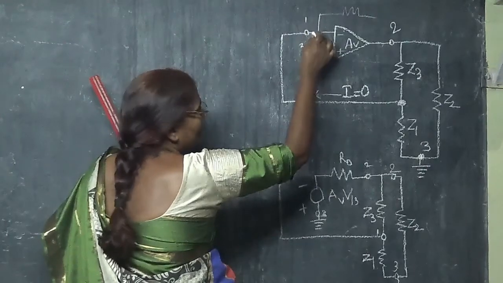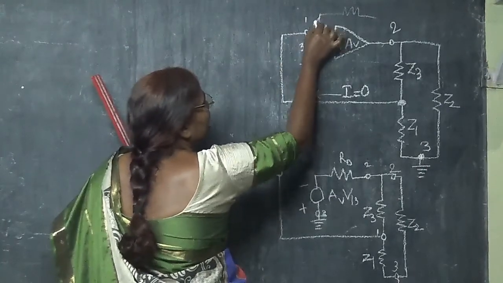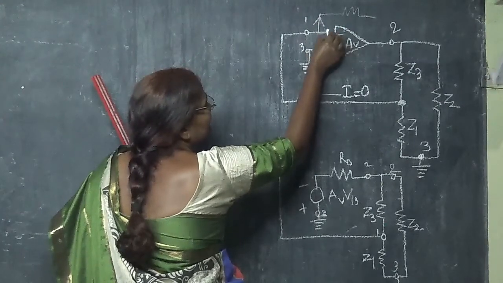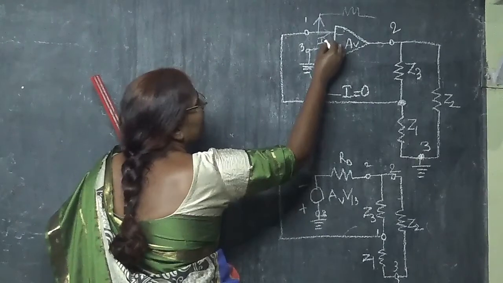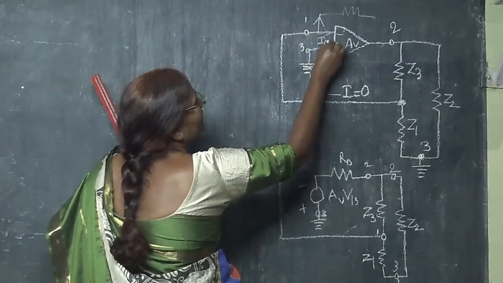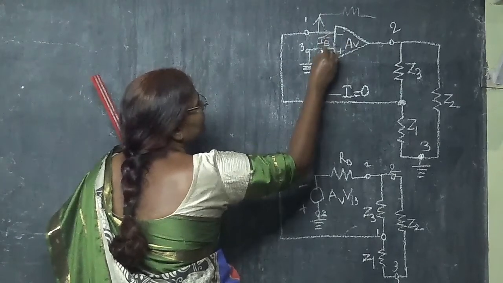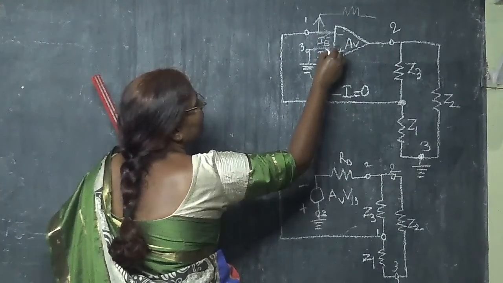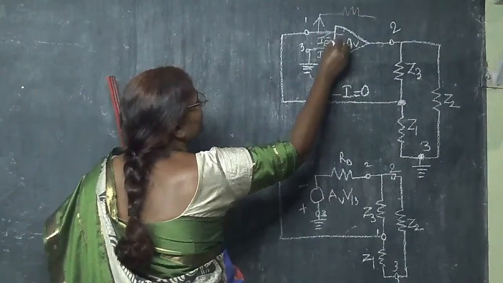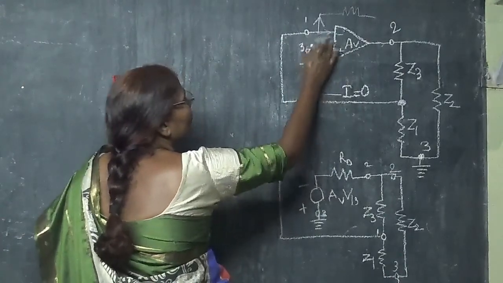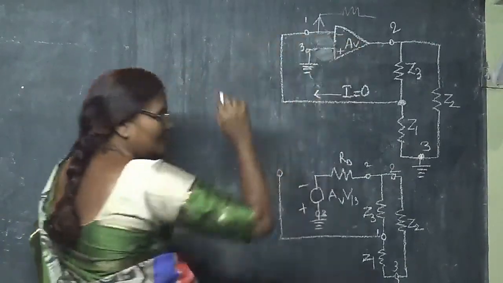If you apply feedback, that current will enter, but here the current will not enter the op-amp. So these currents, IB plus and IB minus, are going to be zero. That is the only point you have to remember: no part of the current will enter the op-amp.